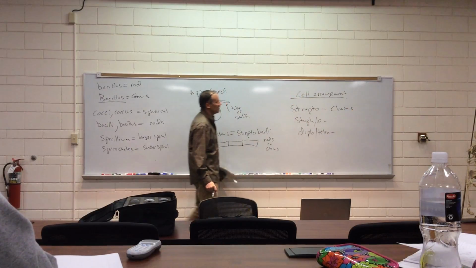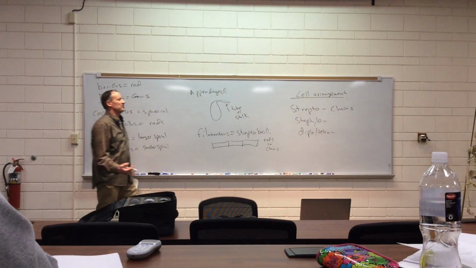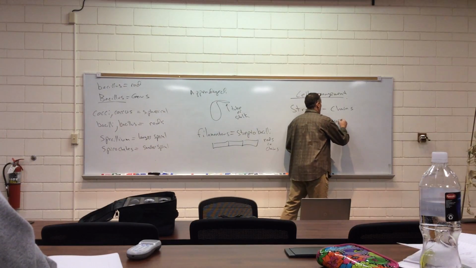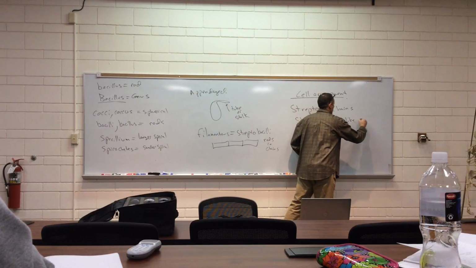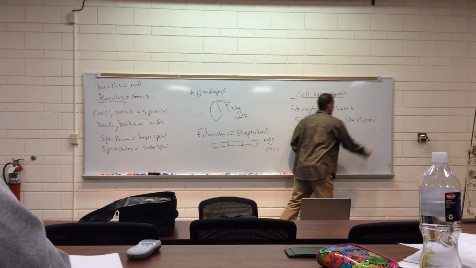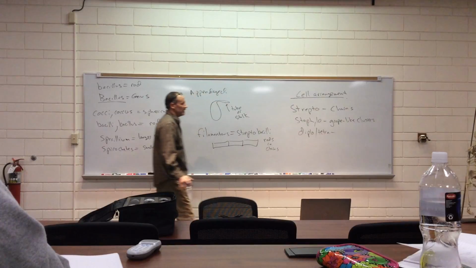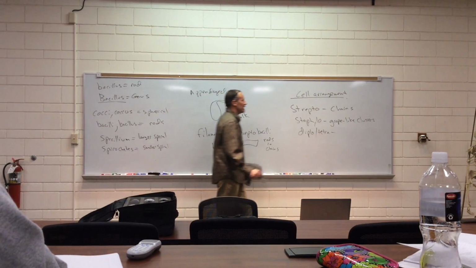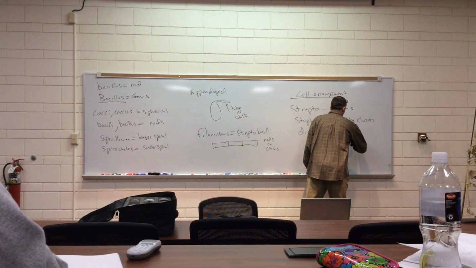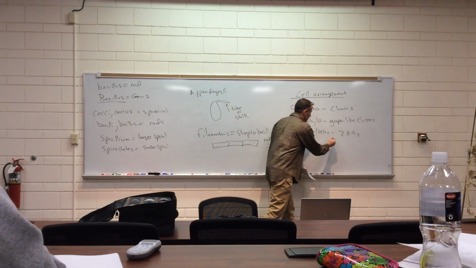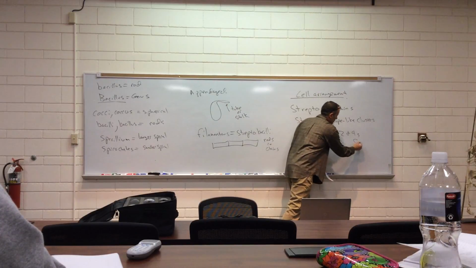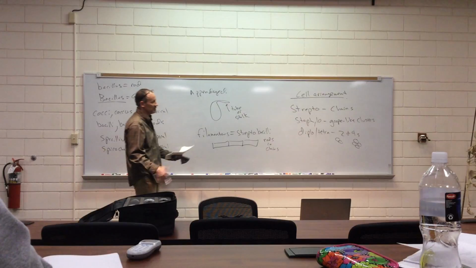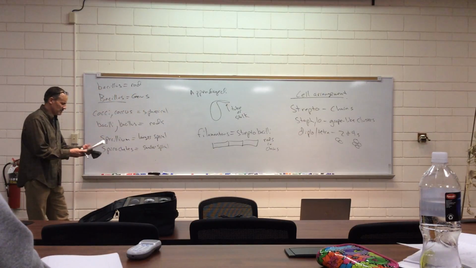Streptobacilli, streptococcus. The Greek term staphylo means grape-like clusters. So like Staphylococcus aureus or Staphylococcus epidermidis is a great example of that. And then they can hang out in twos and fours, as little diplos or as tetras. Usually these are cocci that do that, but I'm sure there are some rods that do that as well.